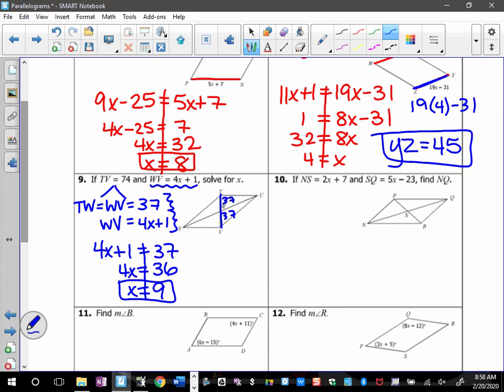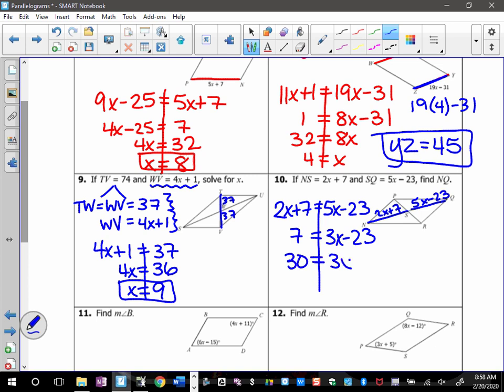On the next one, it tells me that NS is 2x plus 7. It tells me that SQ is 5x minus 23. Okay, well, those are two parts of the same line. So 2x plus 7 has to equal 5x minus 23. Subtract 2x, and you'll have 3x minus 23. Add 23 to get 30.